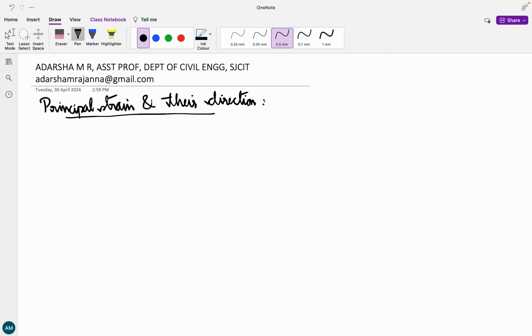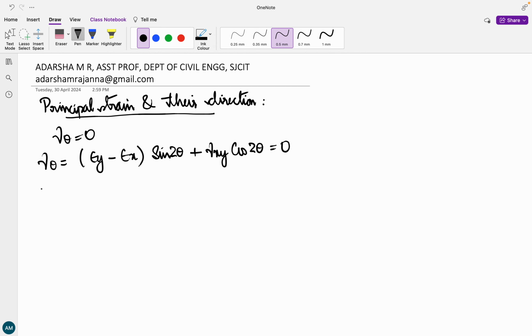Okay, the two mutually perpendicular principal strain directions are always such that the corresponding shear strain is 0. So gamma theta is 0. In the previous slide we have seen the gamma theta formula: (epsilon x minus epsilon y) times sine 2 theta plus gamma xy cos 2 theta is equal to 0.